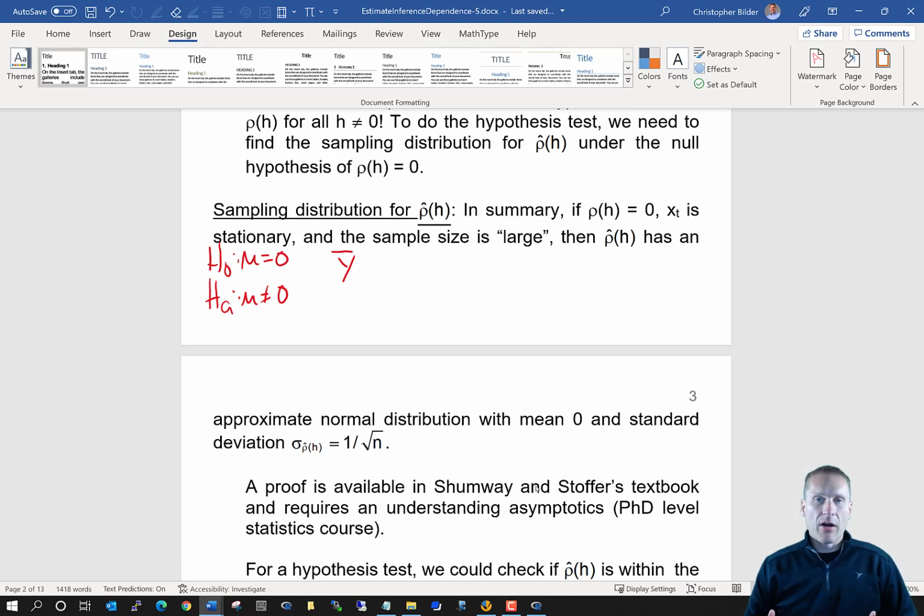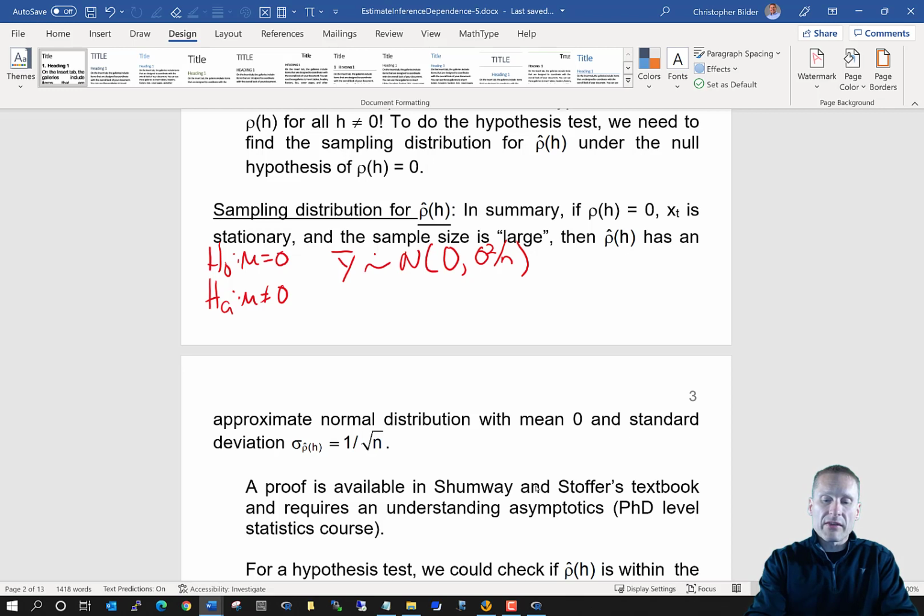Let's think of y bar as a random variable. Now we know from the central limit theorem that y bar has an approximate, and I'm going to put a tilde with a dot on it to mean approximate distribution, a normal distribution with mean equal to 0 under the null hypothesis and variance of sigma squared divided by n.